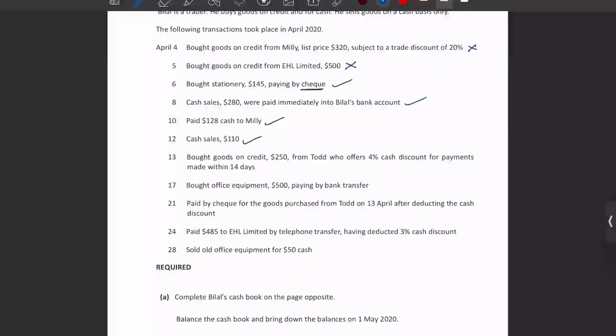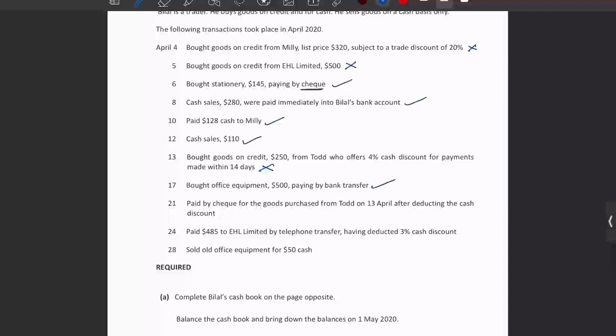No, at that moment no payments are involved, right? So it won't affect cash, it won't affect bank. Even the first one you're buying on credit, you did not enter. Fifth also you're buying on credit, you did not enter. Even now you're buying on credit. Whenever you buy on credit, don't enter in the cash book. Even when you sell on credit, you don't enter in the cash book. Right. Look at 17th now.